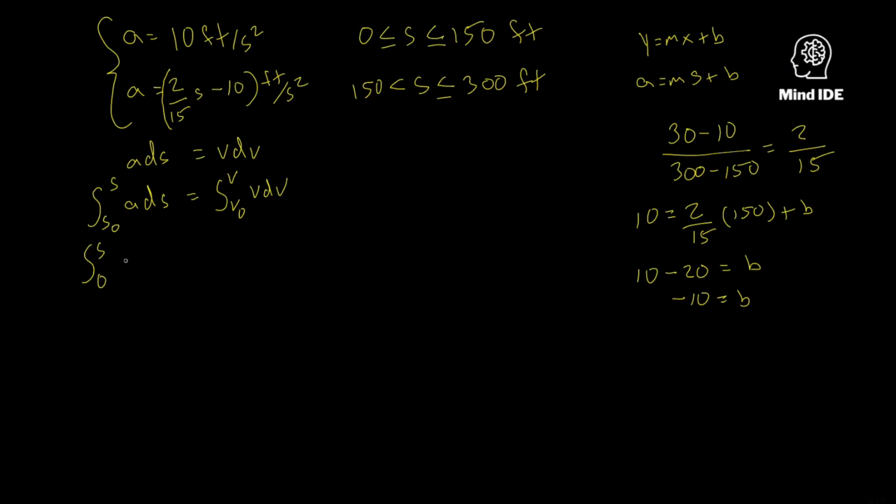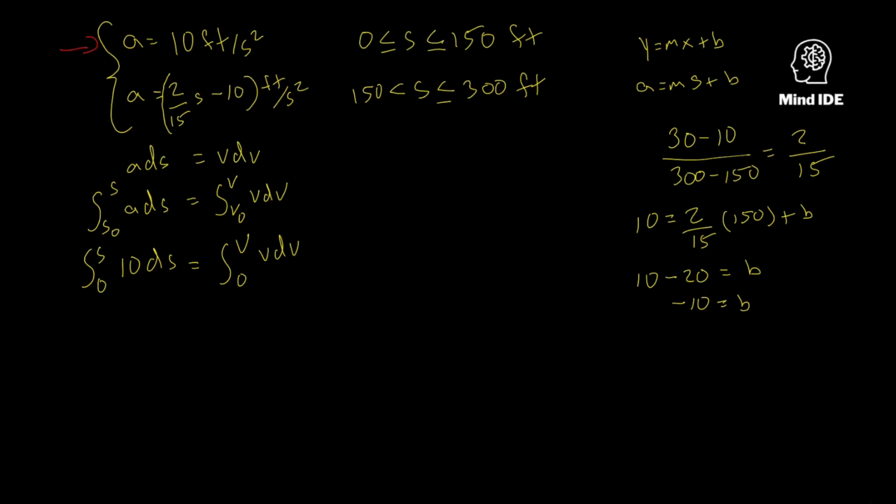We have a, which is up here. This a is 10, so the integral of 10 ds equals the integral from v0 of v dv.